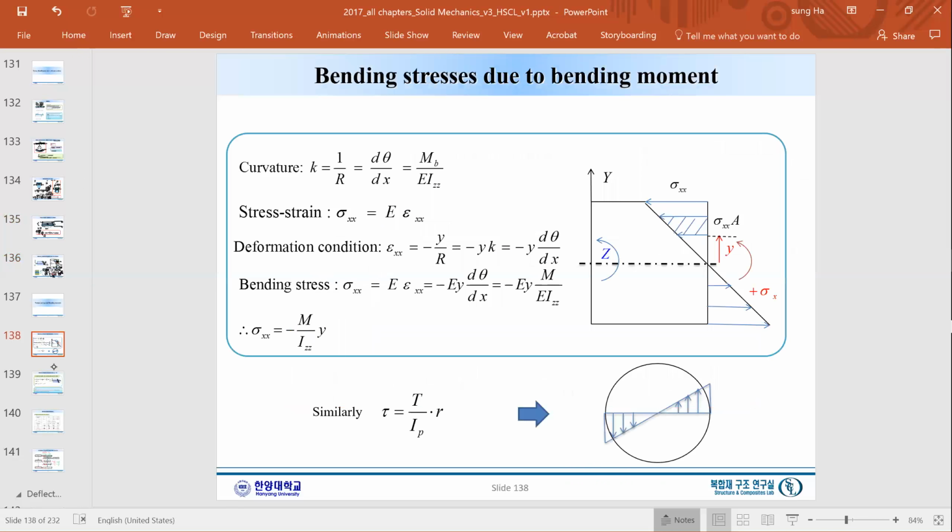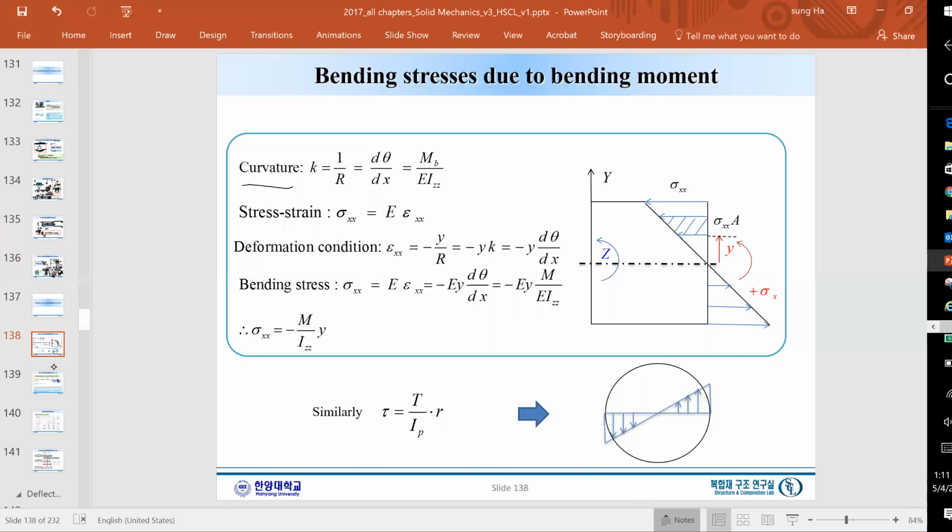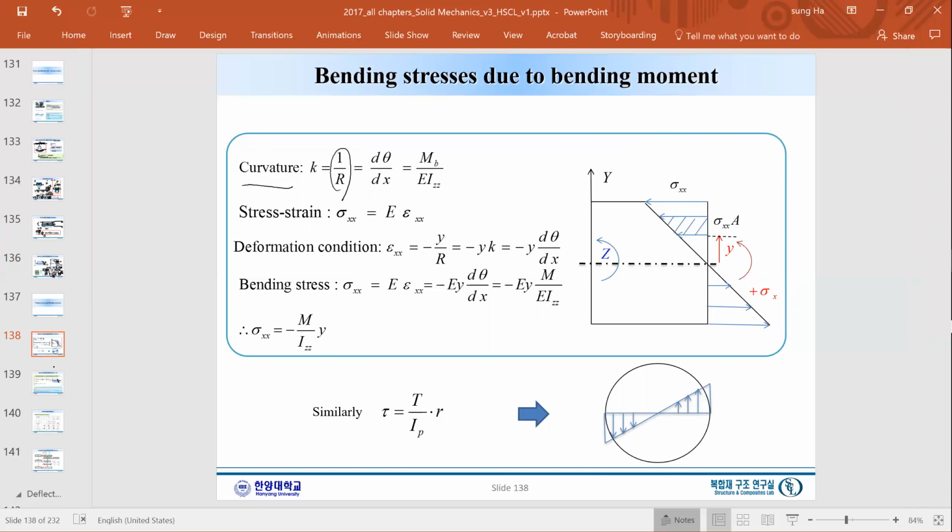That is the subject. So again, I will summarize here. The curvature, 1 over r, which is d theta/dx, is given in terms of the moment and the cross-sectional property E and Izz, and the stress-strain relations.